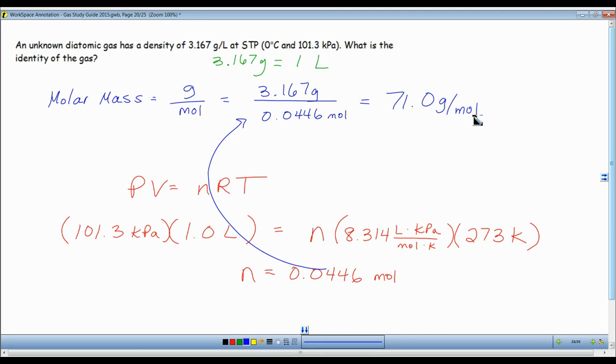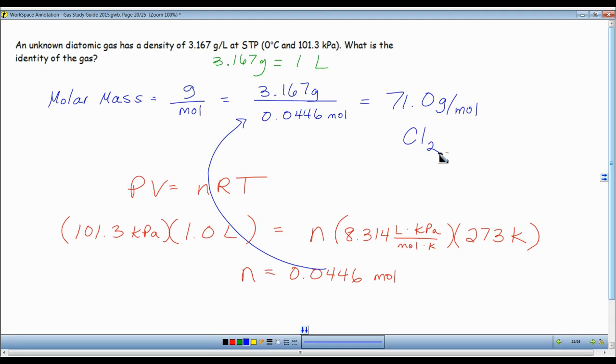I get about like 35.5. That would be like the mass of one atom of this element. If I look on the periodic table for the element whose molar mass is closest to 35.5, it's chlorine. Is chlorine diatomic? Game on, it is. Yeah, this is chlorine. Cl2 would be the diatomic version of chlorine gas. And so, yeah, if I took the individual molar mass, it would be about half of that. 35.5 times 2, 71.